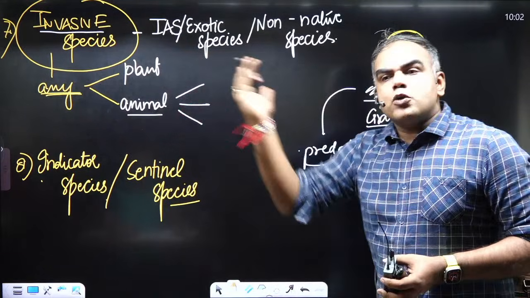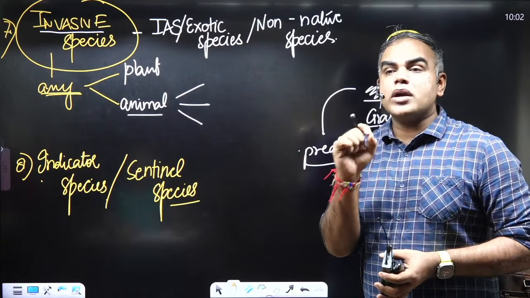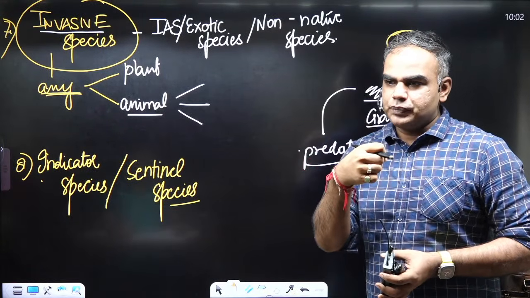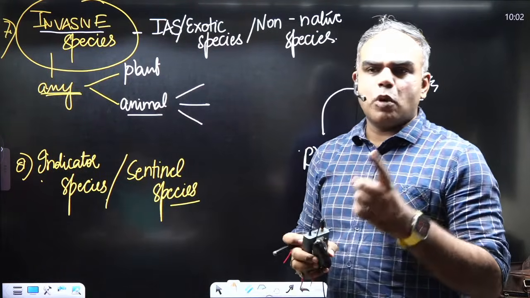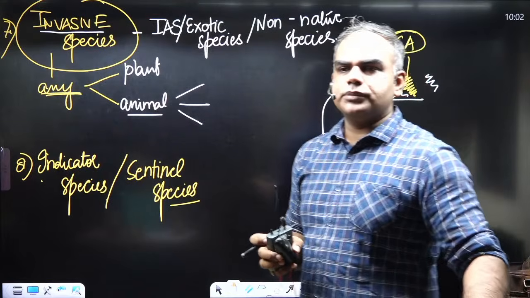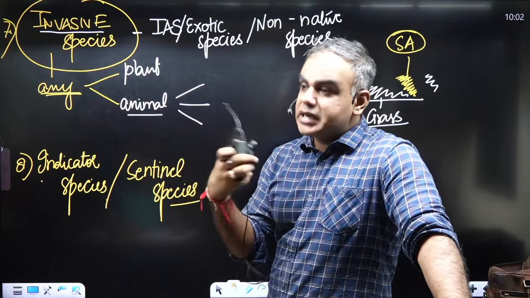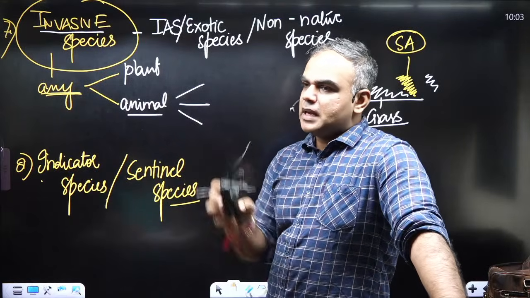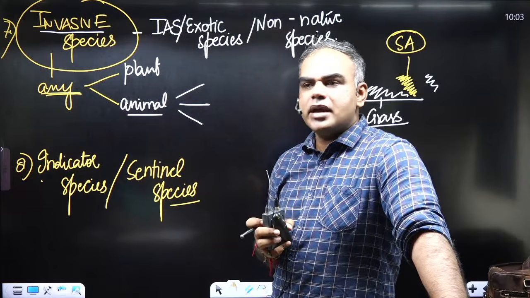If it is from the outside, main क्या है issue? अगर वो बाहर से आया, the issue is it will not have the natural predators. If something does not have a natural predator, what would happen? Its population would increase or decrease. सोचो, आप बताओ, अगर किसी का predator नहीं है, for example, there is deer in a location. Who's going to eat deer? Lion.